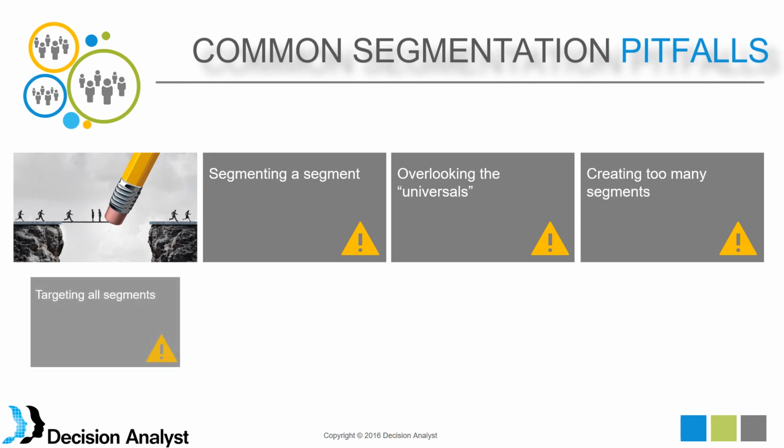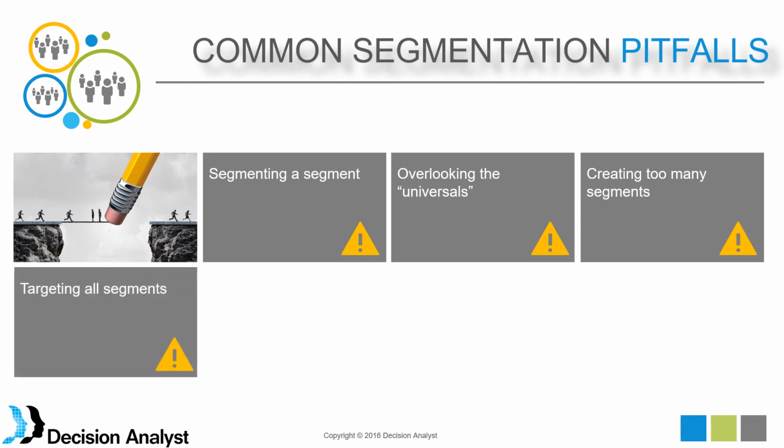Another pitfall that we see quite a bit is the temptation to get all the segments. And this gets back to identifying the value of each segment. Not all segments are created equal, and not all segments have the same value to your organization.